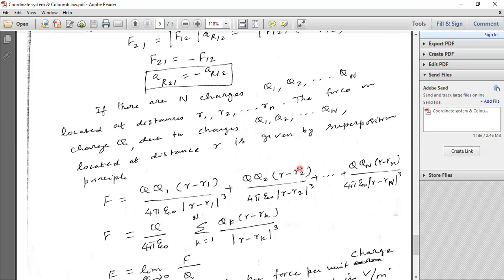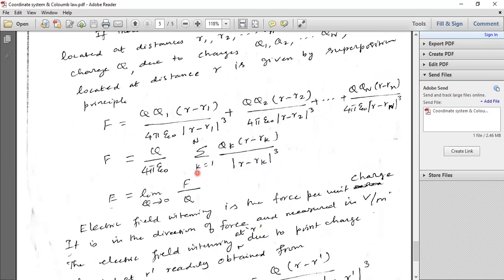If there are n charges and we have a charge Q, what is the force on this charge due to the other charges? It can be found by the superposition principle, that is, the force due to Q1, force due to Q2, force due to Qn upon Q. We add all these, and simply we can write the summation for k equal to 1 to n of Qk (R minus Rk) divided by modulus of R minus Rk whole cube.